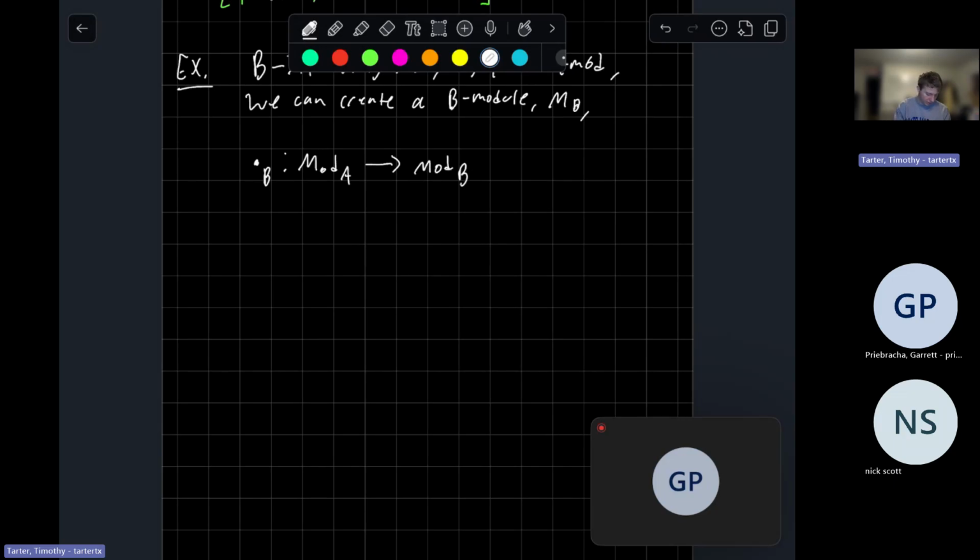which is a right adjoint to the B tensor product of A as a functor.